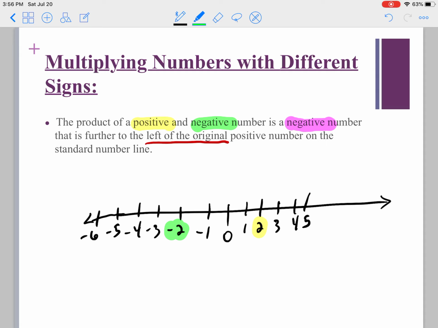Well, we know that multiplying numbers with different signs gives us a negative number. 2 times 2 is 4, so the result is going to be -4. And -4 is to the left of the positive number on the standard number line.